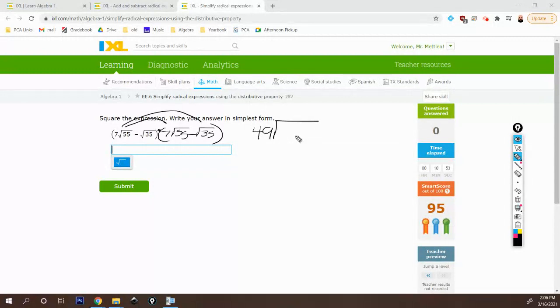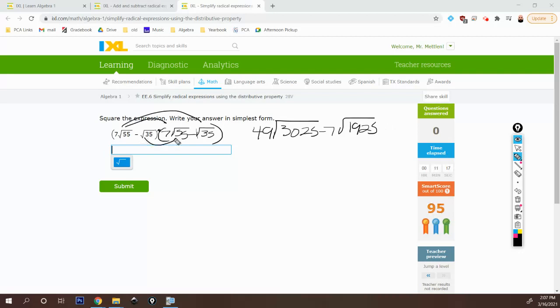And then 55 times 55 is 3,025. That's a lovely number to work with. 7 times, this has a little negative 1 in front, so it's going to be negative 7. And then 55 times 35 gives me 1,925.